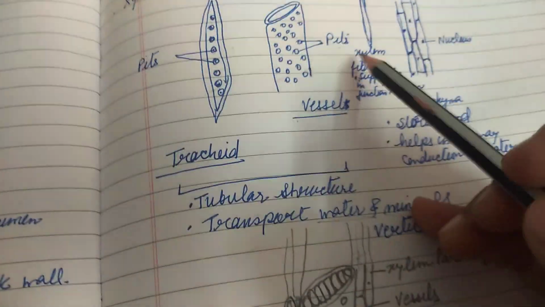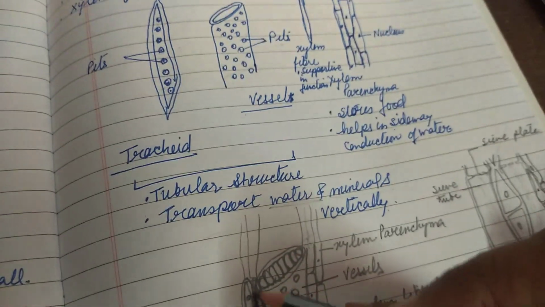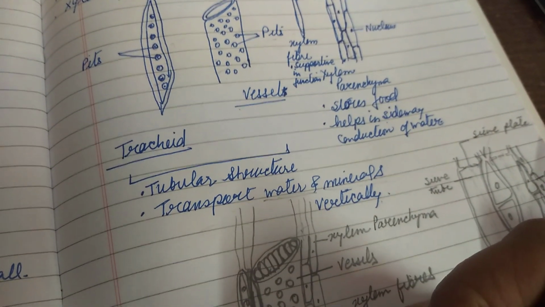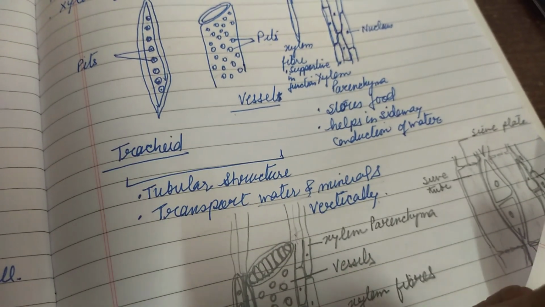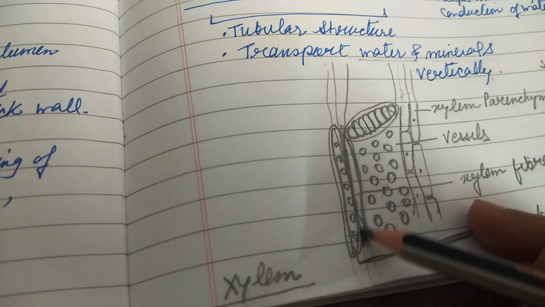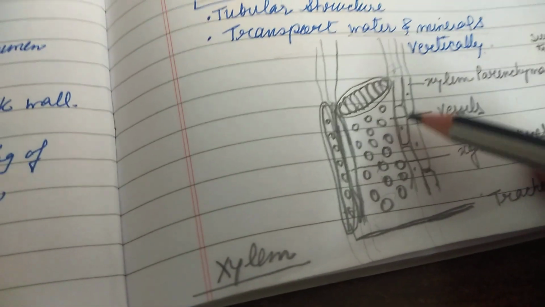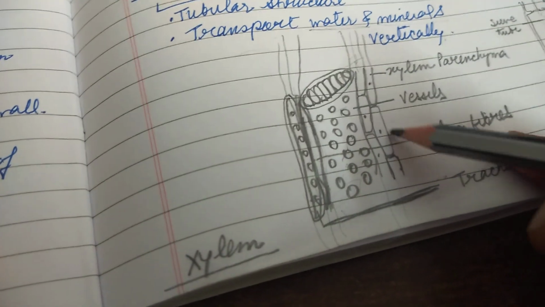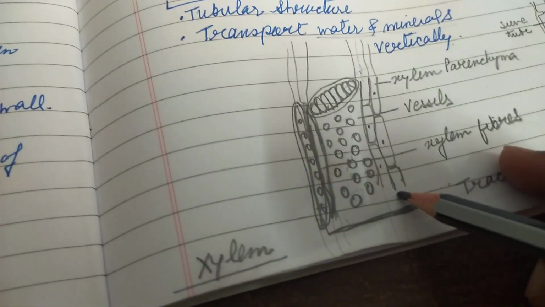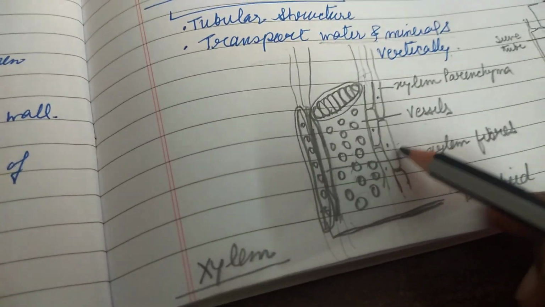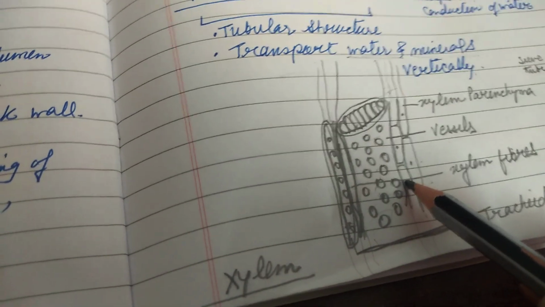The xylem fiber gives support to the structure. Clear? So tracheids and vessels help in transportation of water and minerals, and the xylem fiber gives support, right? And xylem parenchyma stores food and helps in sideways conduction of water. Clear? So this is about xylem.